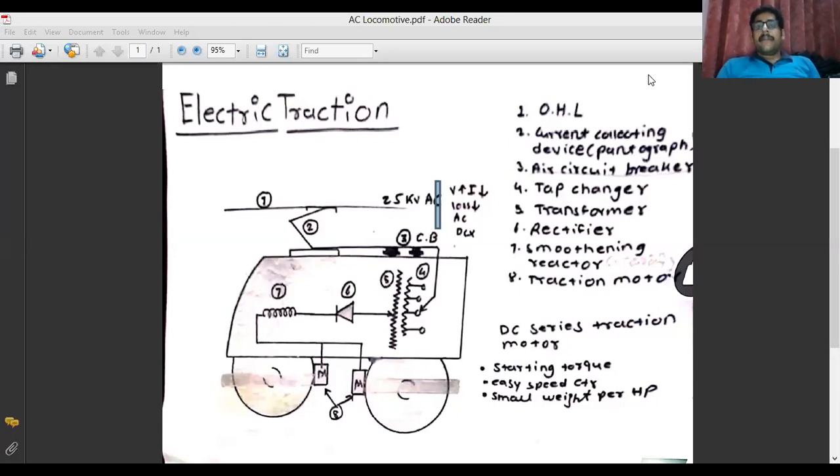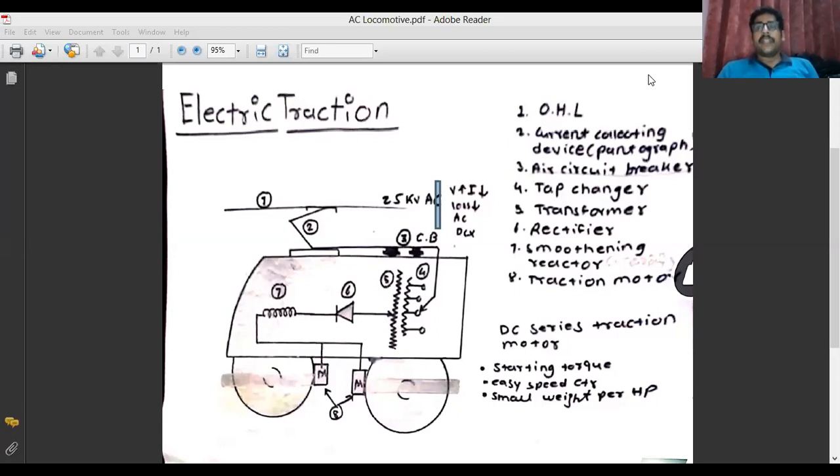Now, after that, this high voltage AC power is given to the tap changer transformer, number 4. The tap changer transformer steps down the voltage from a certain high level to a certain low level depending upon the rated capacity of the motor used in your traction system.